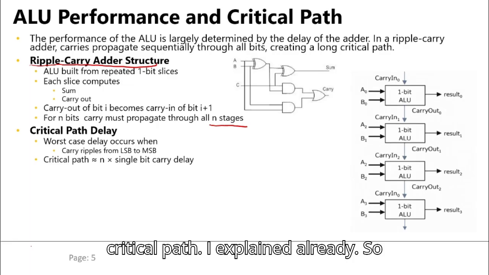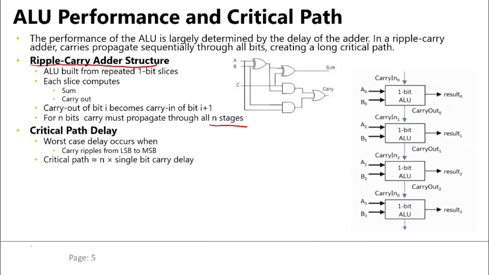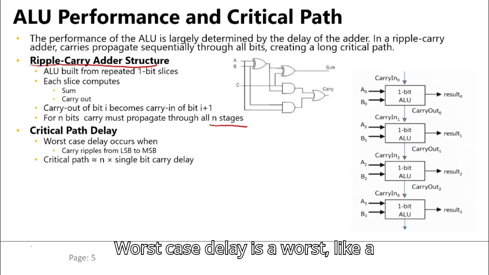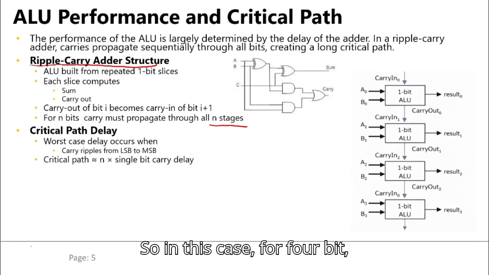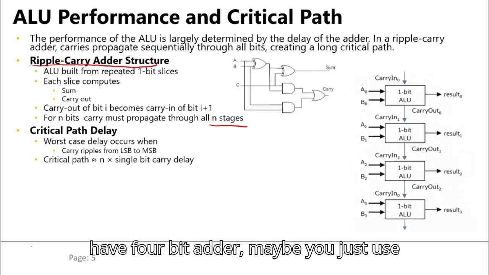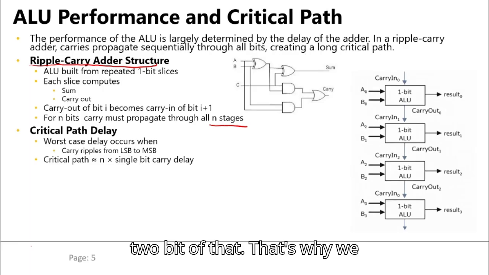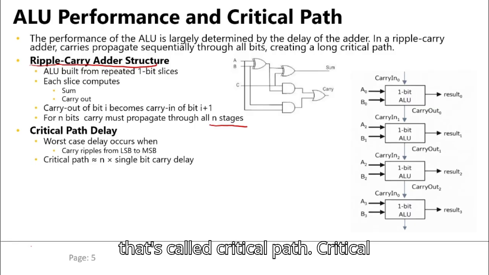The critical path is the worst case delay that happens in a circuit, the longest path that a signal passes through. Why is 4-bit the worst case? Because even though you have a 4-bit adder, maybe you just use 2 bits of it. That's why we consider the worst case scenario.